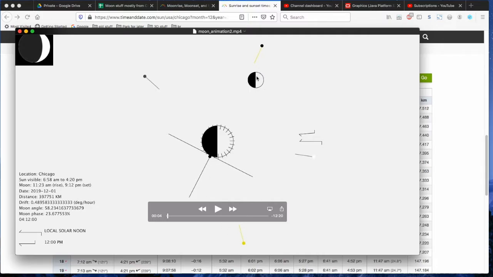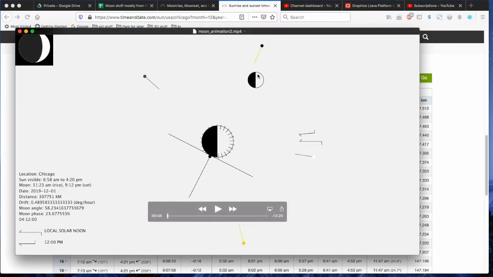You'll also notice that I animate the moon for the entire duration, so the moon is moving constantly as well as the Earth. But the rise and set pins only change once a day.